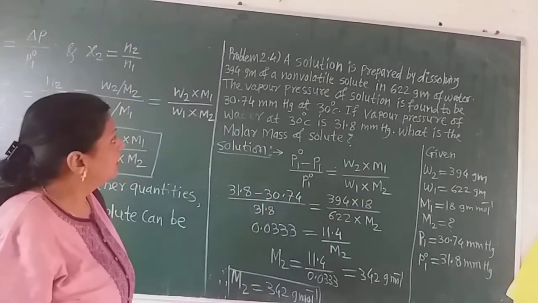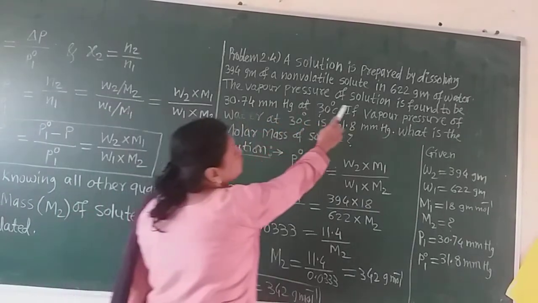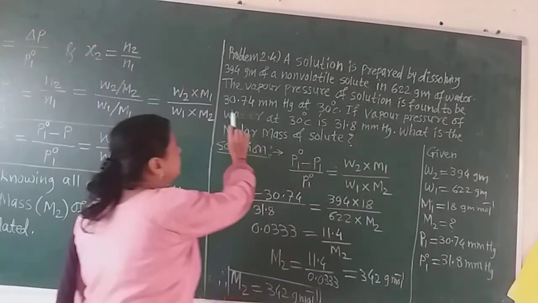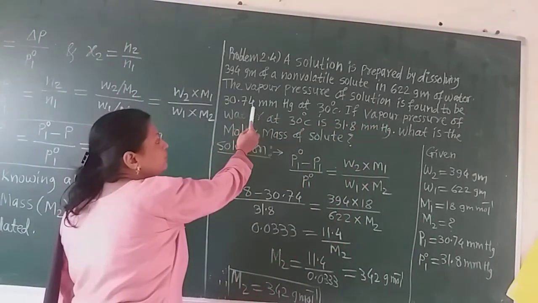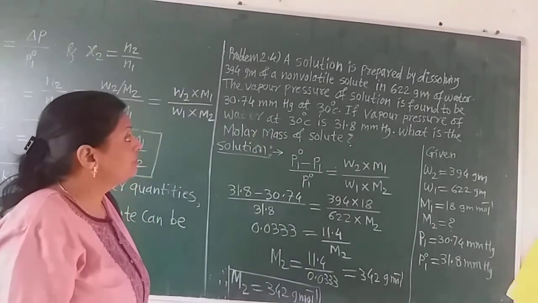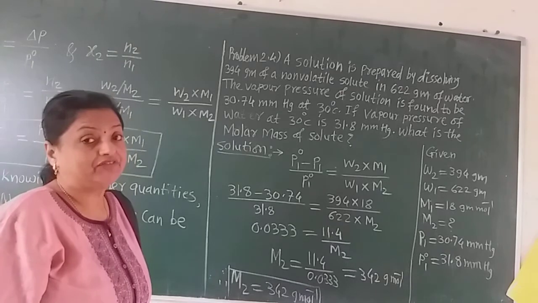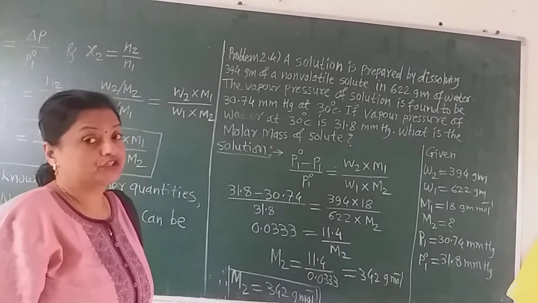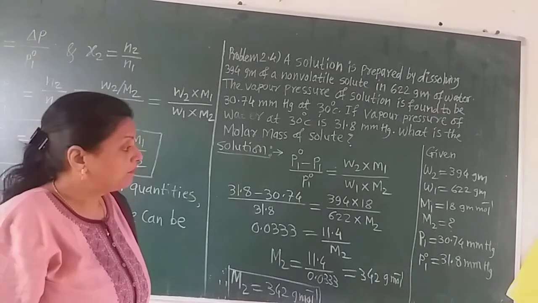Again, the vapor pressure of the solution is found to be 30.74 mm of Hg. The vapor pressure of the solution is denoted by P1.